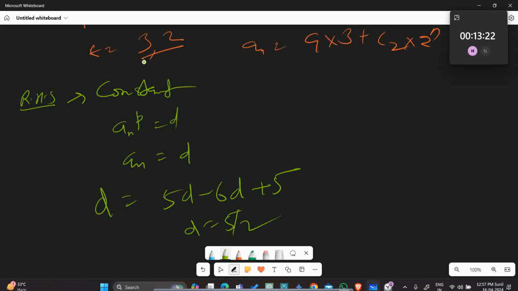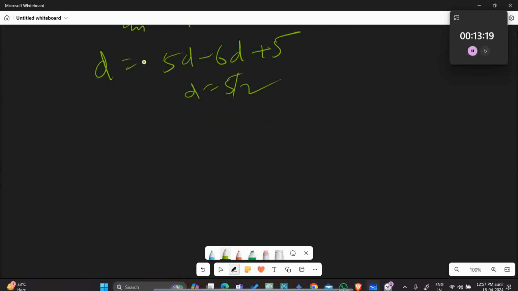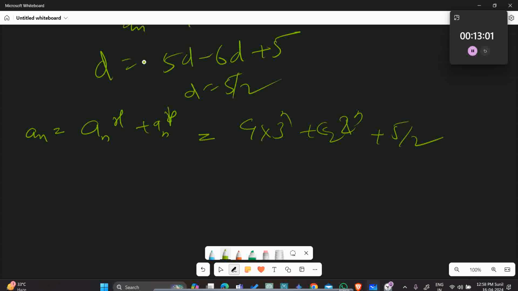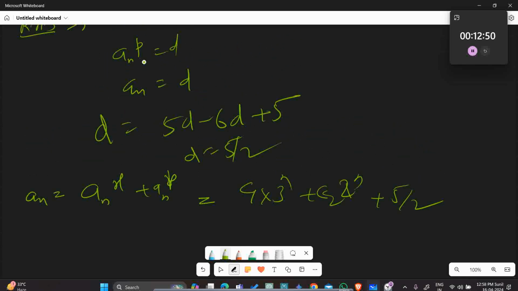Then a of n is equal to a of n h plus a of n p. Instead of a n, we put d here. Then a n minus 1 is equal to d also, right?